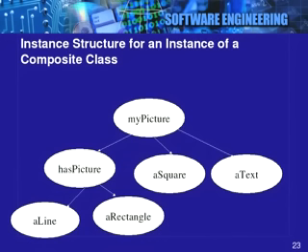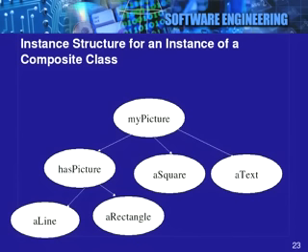So for example, this is one object diagram which you can construct after instantiating this given hierarchy. My picture at the root level has a hash picture, which is another picture. Now it has a line and a rectangle, and my picture is composed of the hash picture, there is one more picture inside it, a square and a text.